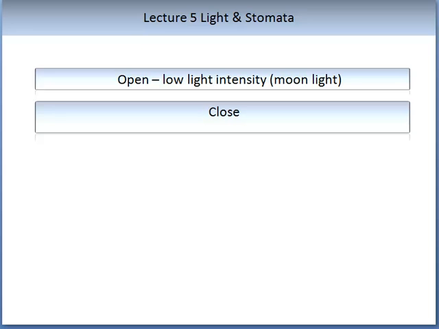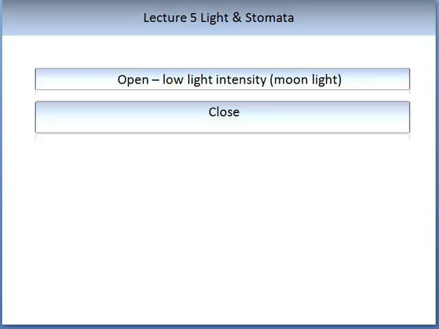Experimentation has illustrated that light can cause stomata to both open and close. Only a small quantity of light is required in order to open stomata. In fact, moonlight has been observed opening some C3 plant stomata. The timing and the interaction of stomata and light depends on the type of carbon metabolism.